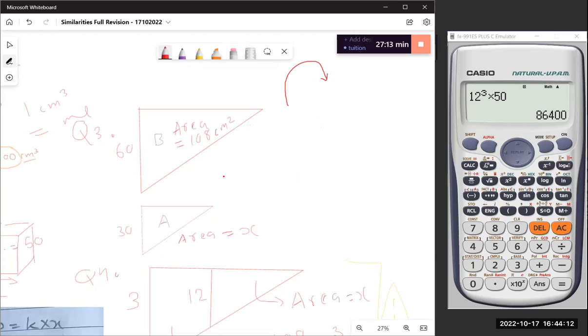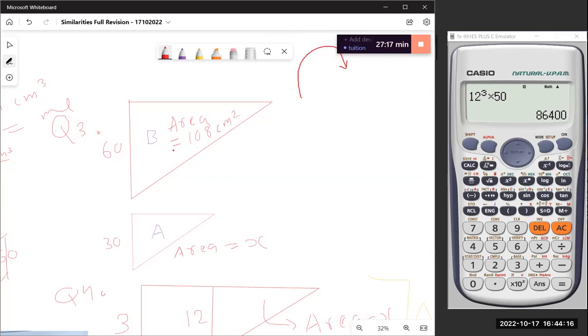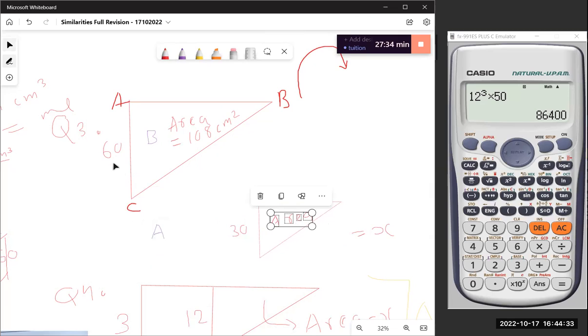Now, this question. Diana, tell me, what do I know about shape B? Area 108 centimeters. What else do I know? I know that side AC is how much? 60.